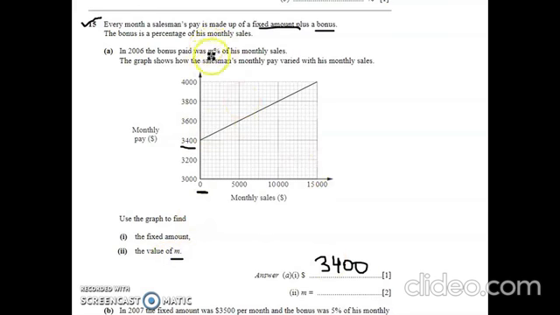Now the value of M. The M is basically the percentage of his monthly sales. We need to find the percentage of how much bonus he's receiving. So when he makes 5,000 monthly sales, he receives 3,600, out of which 3,400 is the fixed amount. So his bonus is actually 200.